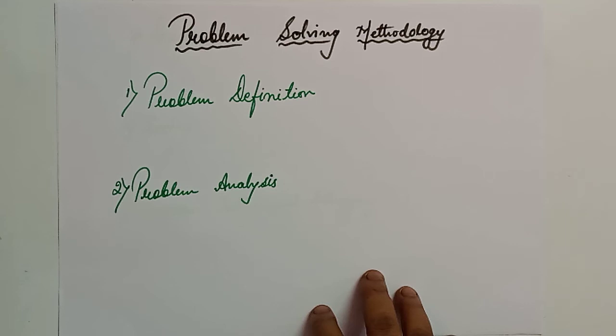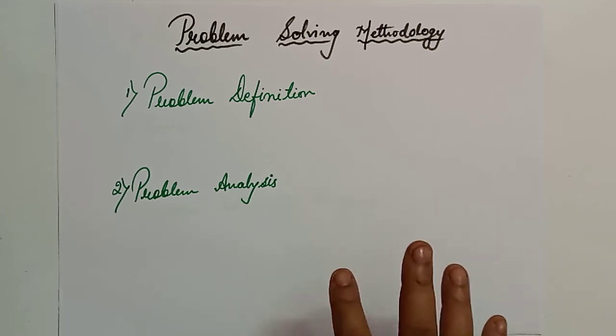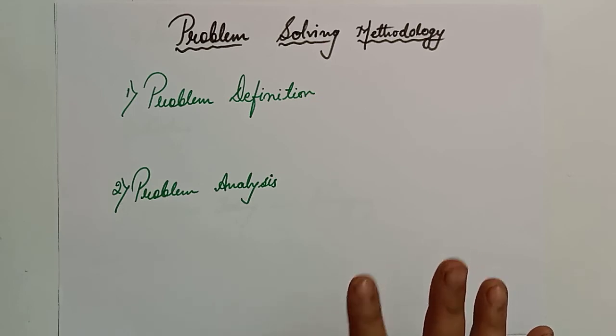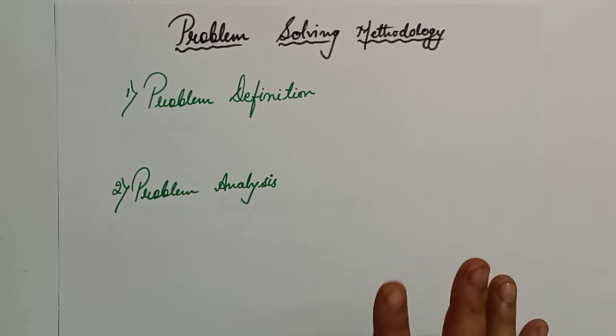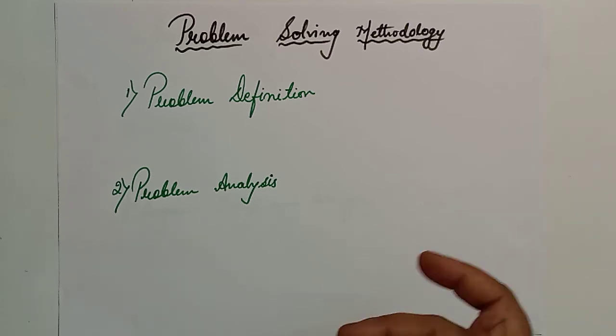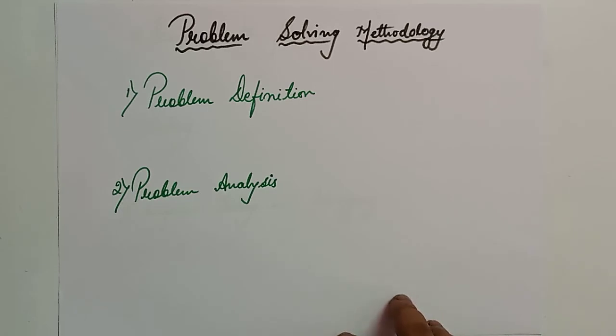So let's first see what is problem definition. When computer programs are written to solve problems posed by humankind, prior to writing a program, one has to understand the description of the problem to solve. This description may be precise or vague, but nevertheless it is necessary.